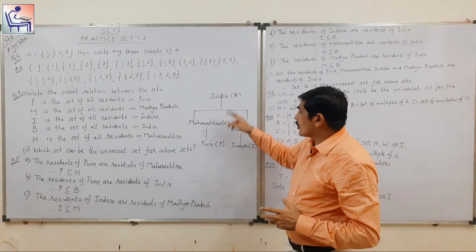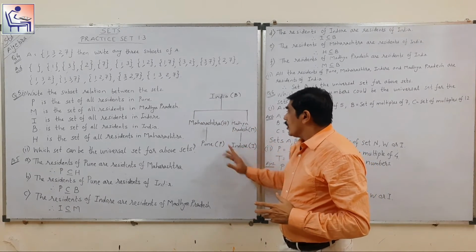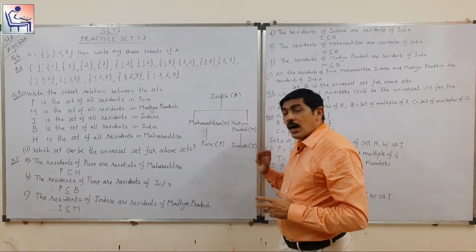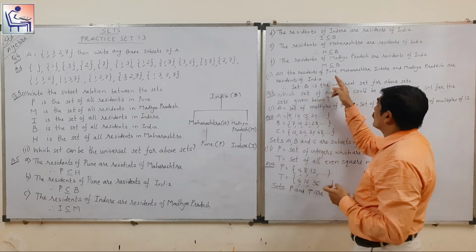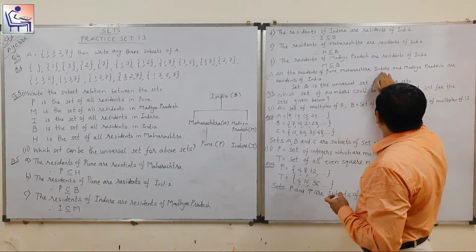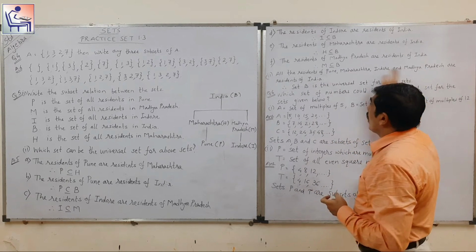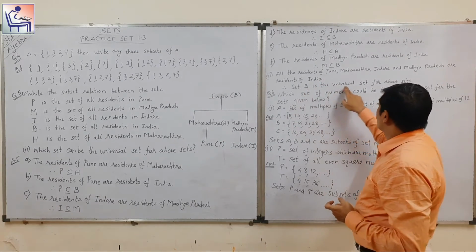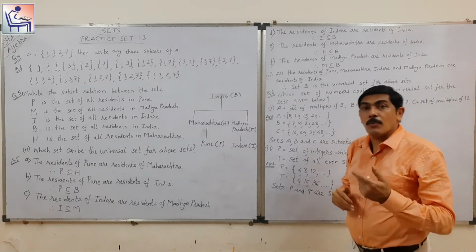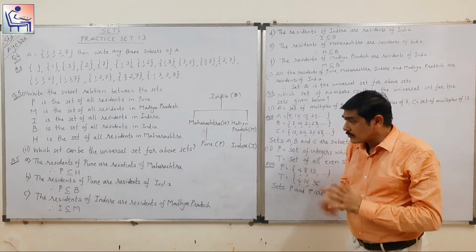Here that is B is covering the sets different H, M, P and I. So India, that is here you can say all the residents of Pune, Maharashtra, Indore and Madhya Pradesh are residents of India. Therefore set B is the universal set for the above sets.